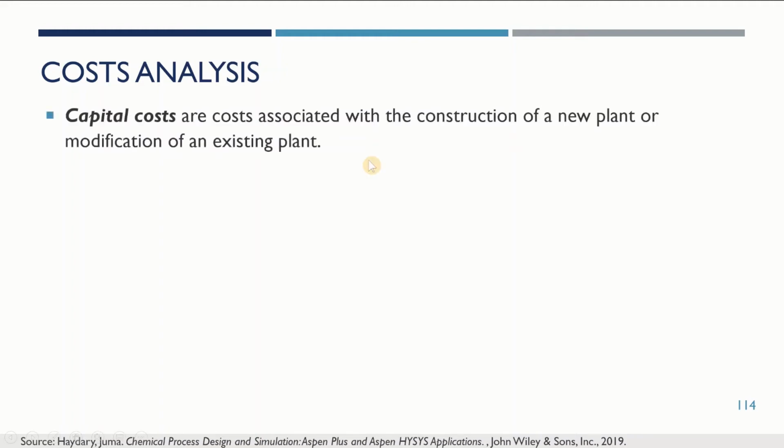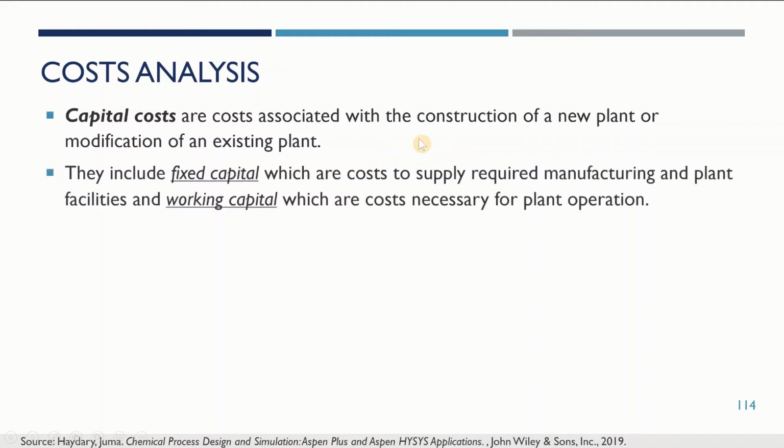The capital costs are costs associated with the construction of a new plant or the modification of an existing plant. They usually involve fixed capital, which are costs to supply the required manufacturing and plant facilities, and the working capital, which are the costs that are necessary for plant operation.